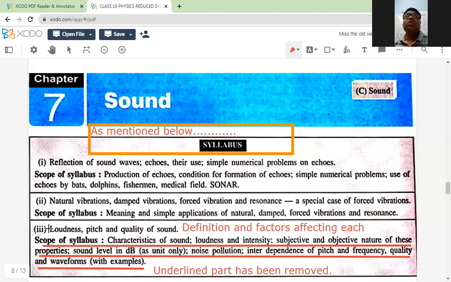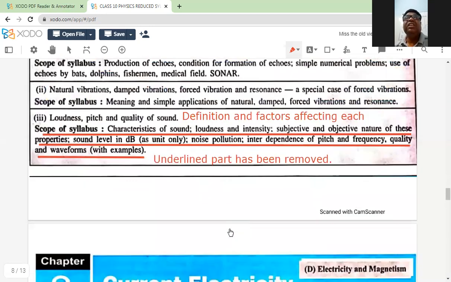Other things in the scope of syllabus have been completely removed, means characteristics of sound and then noise, unit of noise. So everything has been removed. Only very simple things, their definitions and factors affecting these.